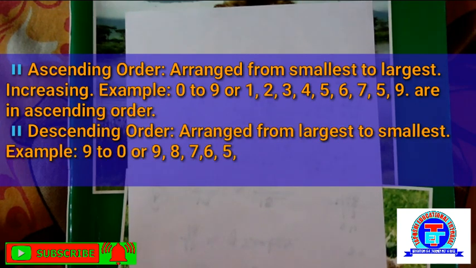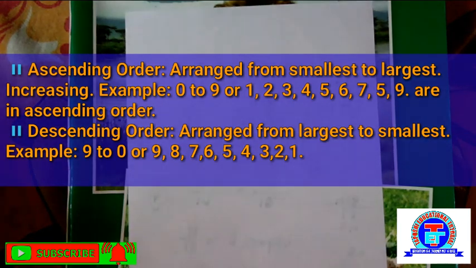That means here 0 to 9, or we say A to Z, and descending means largest to smallest, that means 9 to 0 or Z to A. Right students, here given some fractions, we arrange them into ascending order and descending order.